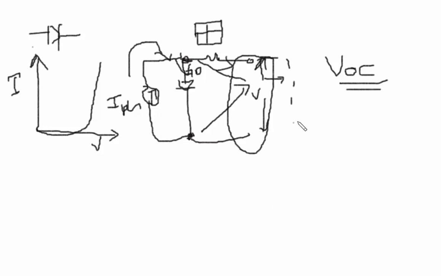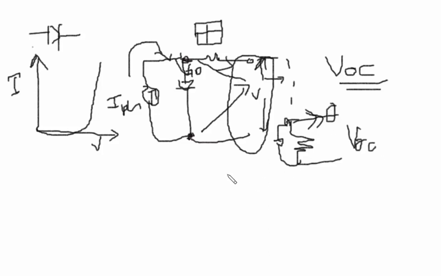When the circuit is open, this is one circuit with some resistance, and this is the diode. In this schematic, we can get the potential, that is called VOC, but there is no current.